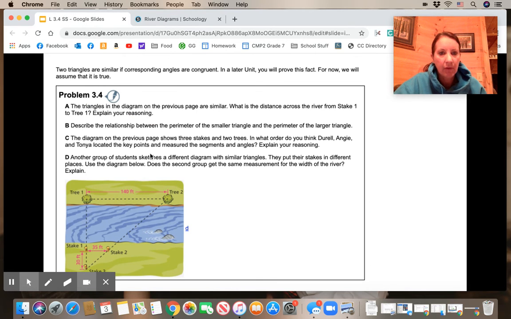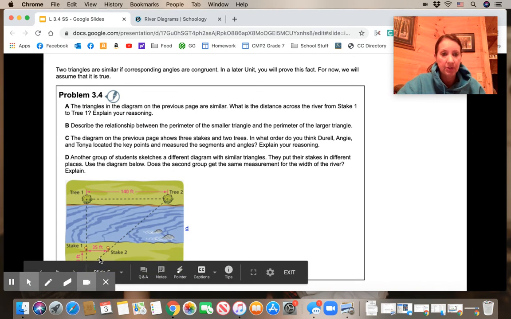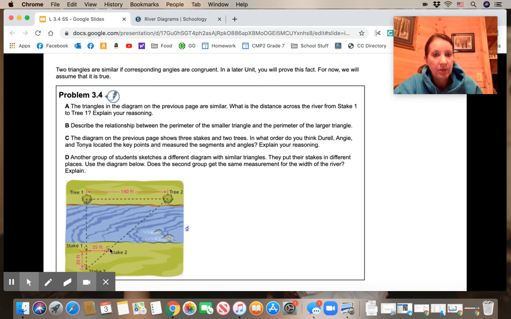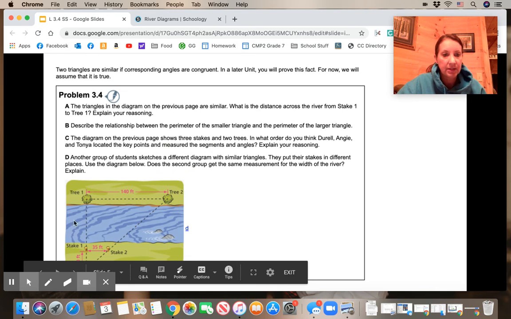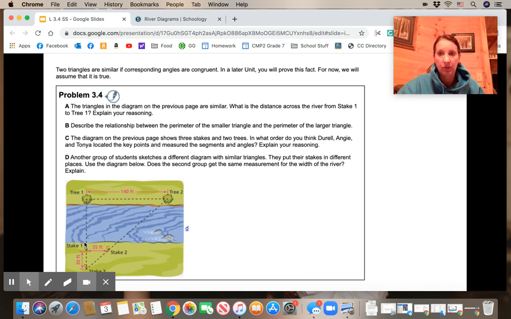So it's the same river, but they put their stakes a little closer together here, didn't they? Use the diagram below. Does the second group get the same measurement for the width of the river? So check and see, is the distance from stake 1 to tree 1 the same in this diagram here? We know again that the triangles are going to be similar because they have corresponding angles congruent.